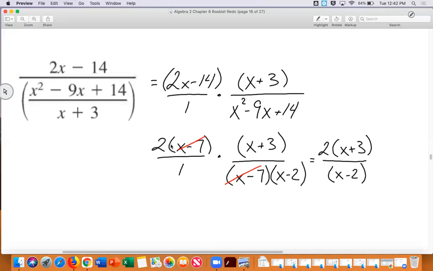Any questions? All right, remember, the WebAssign is up. It's only 10 questions. Okay, but some of these take a little bit of time, right? So make sure you start looking at that. Maybe you look at it tonight, or when you get home. I get it. You guys have a game, right? Start right after school.